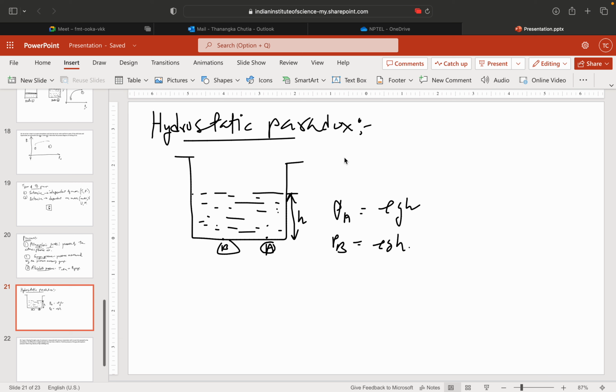Now one more very important thing is that for the hydrostatic paradox, suppose the fluid is full till here, and suppose here also.